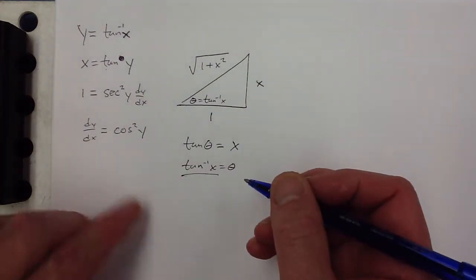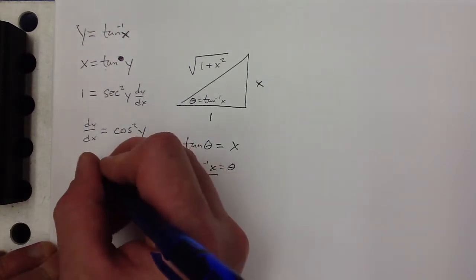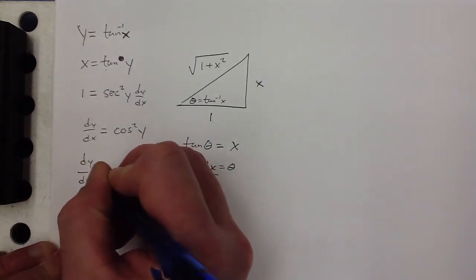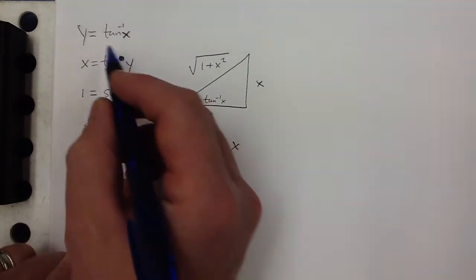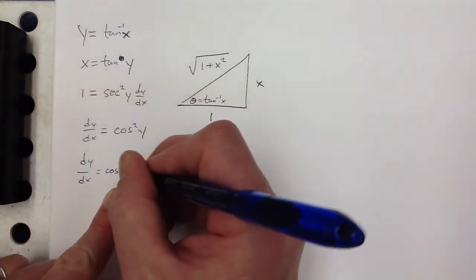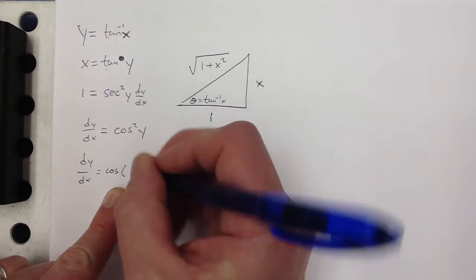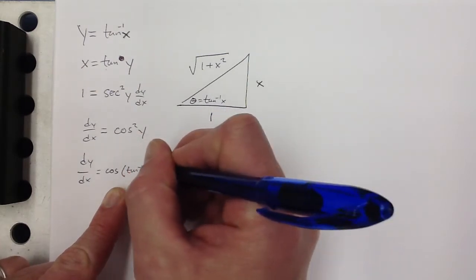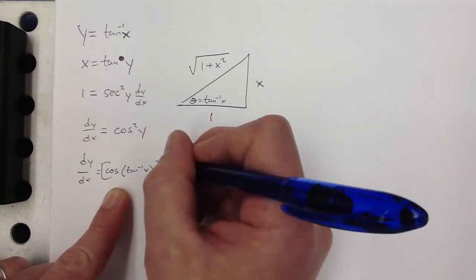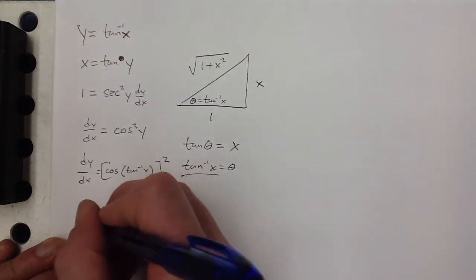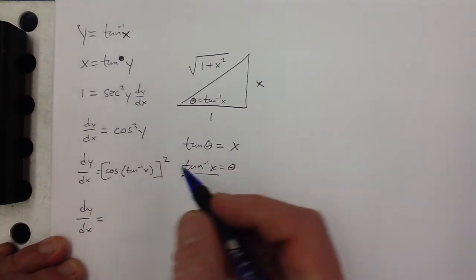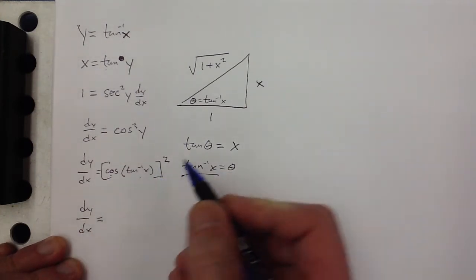And now, let me go that one extra step here, dy dx is equal to cosine of y, which is tangent inverse x, which is theta, right? Whatever that is, squared. So dy dx is equal to the cosine of that angle.